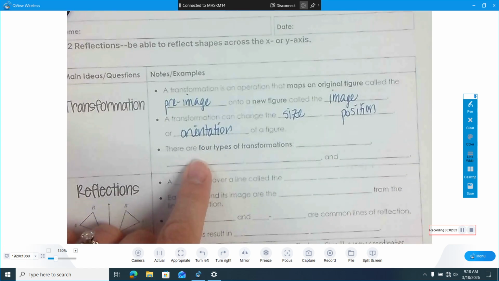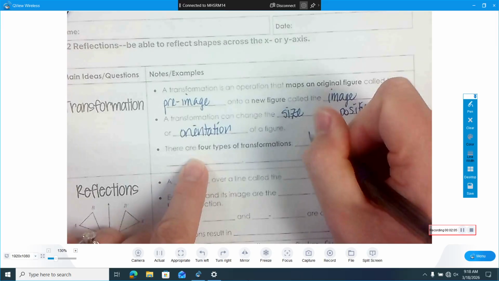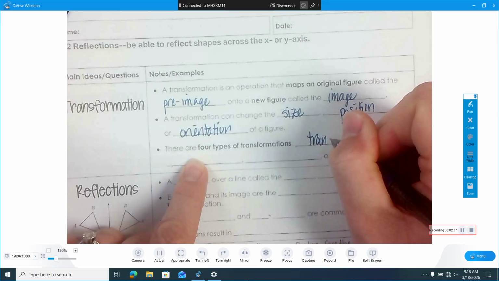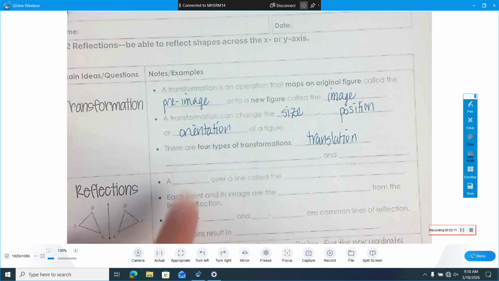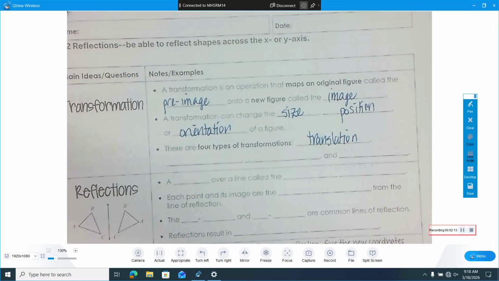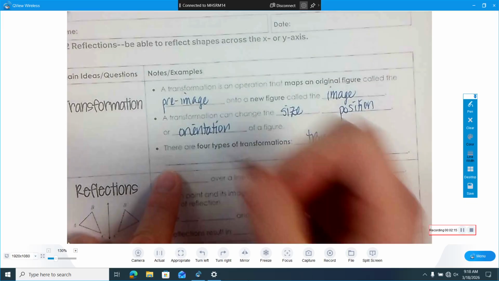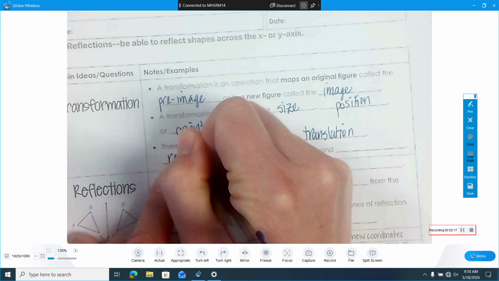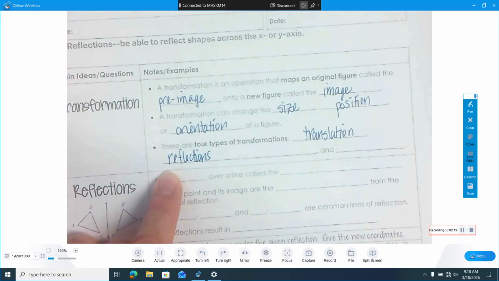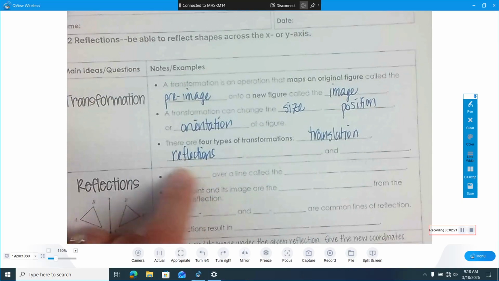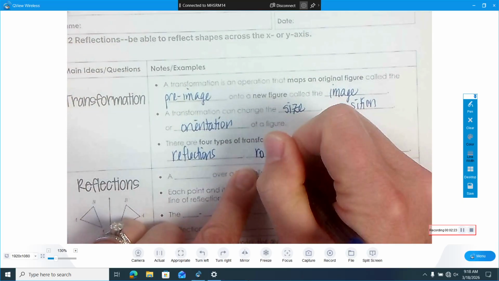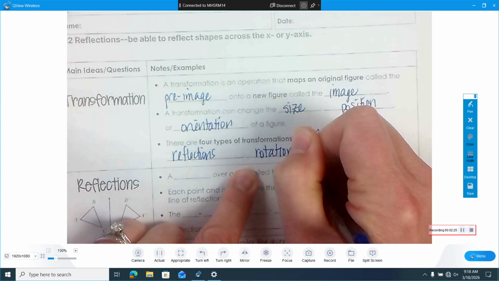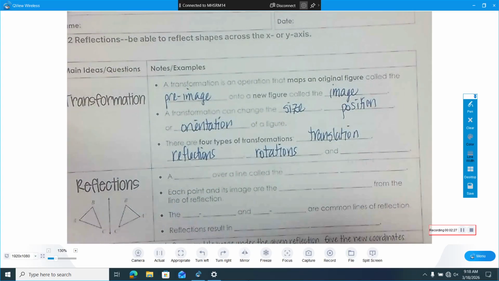There are 4 types of transformations. Translations: translate means to slide it around. We have reflections, which we're doing today. We have rotations and dilation.